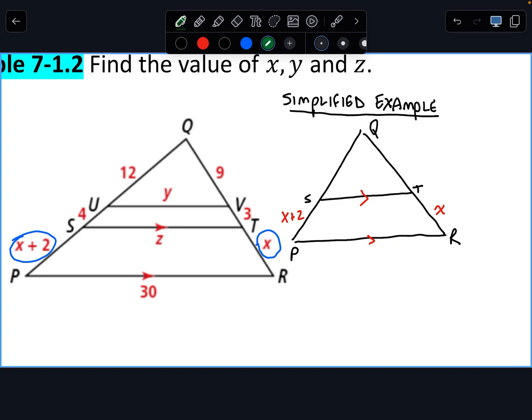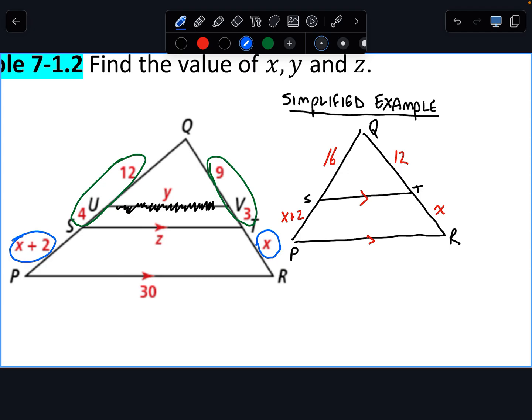QS is going to be the whole left side right here, so I'm going to include the 12 and the 4. And QT, the right side, is going to be the 9 and the 3. Remember, to simplify this example, I'm just eliminating this segment from the diagram altogether. All right, so on the left-hand side, QS has a length of 16, and the length of QT is 9 plus 3, which is 12.